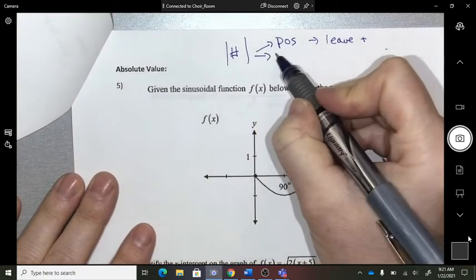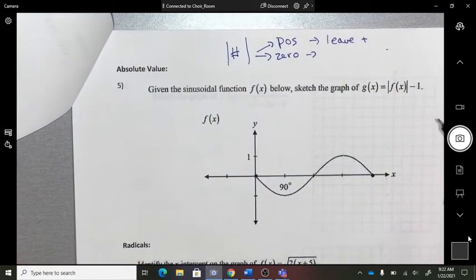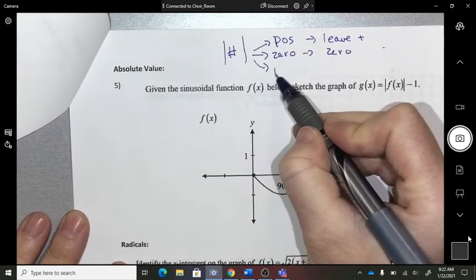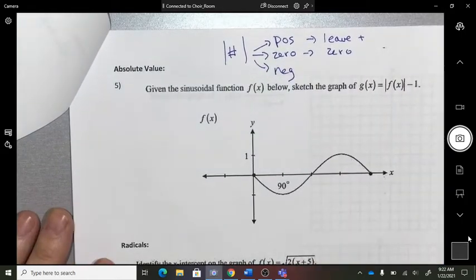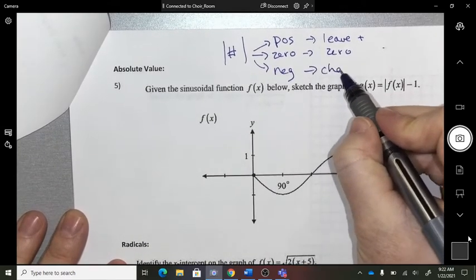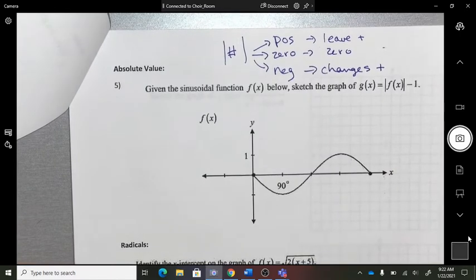What about if you absolute 0? What's the absolute value of 0? Still 0. What happens when you absolute a negative number? Now it changes, right? So negatives reflect.